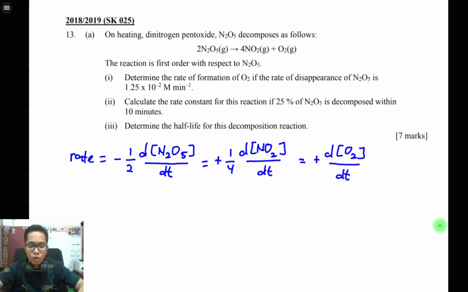Then what we need to do is we just compare between oxygen and N2O5 because those are the only two requested in the question.